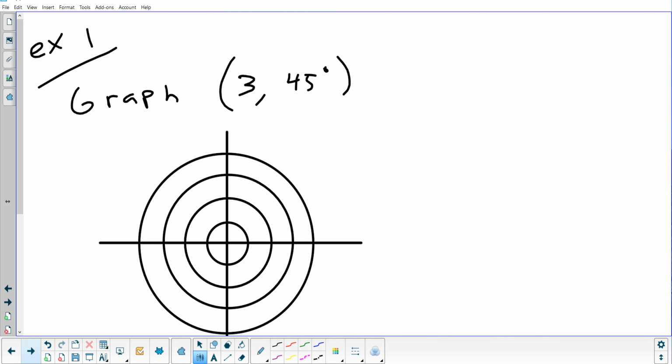All right, so our point is 3, 45 degrees. Now, what's my radius in that? 3. Yep. And Abigail, because it's positive 3, which way am I going to go? Right. Yep, we're going to go right 3. I'm going to put a temporary mark there. I'm going to erase that, but that's just marking that I went 3 units right. Now, from here, I need to rotate.